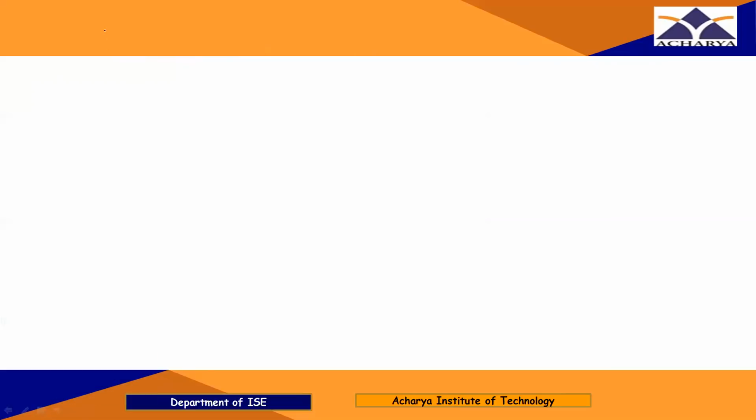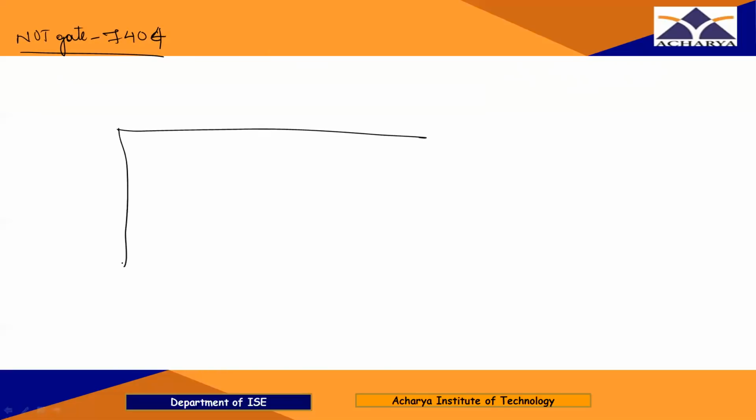So what is the IC number? 7404. That is the NOT gate. Right? So here I am going to draw. So how many pins? It is 14 pins.